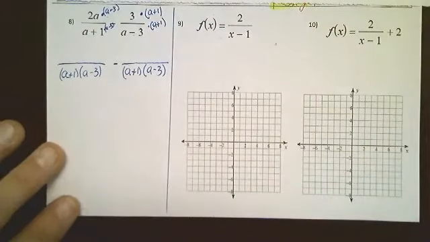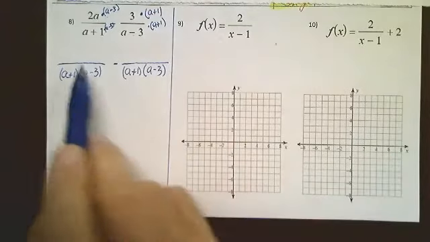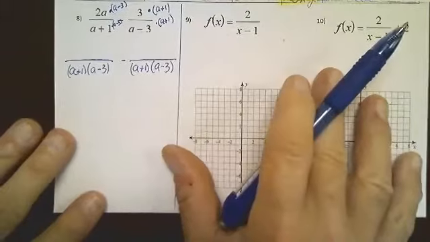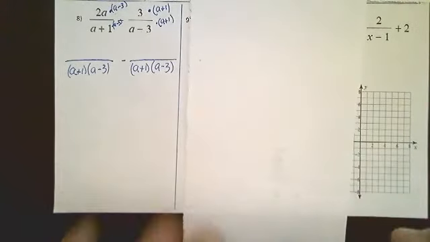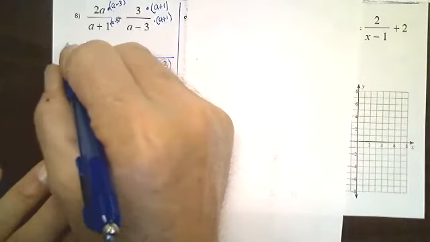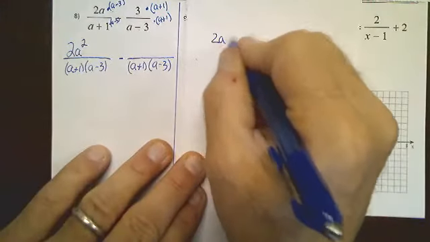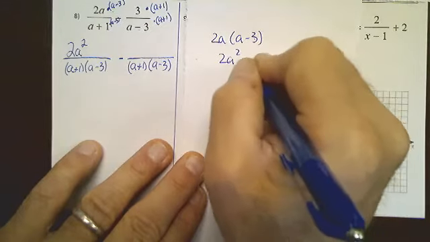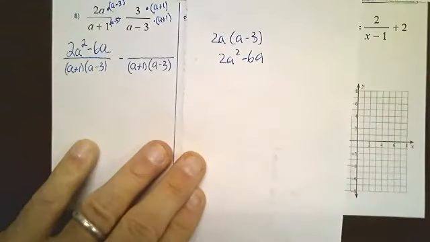So on the top left, what do you get, Jessica? Right here. You're going to get 2a times a. It's 2a squared. 2a times negative 3 is negative 6a.